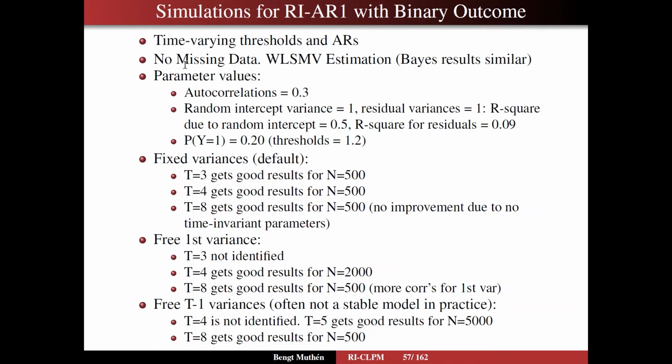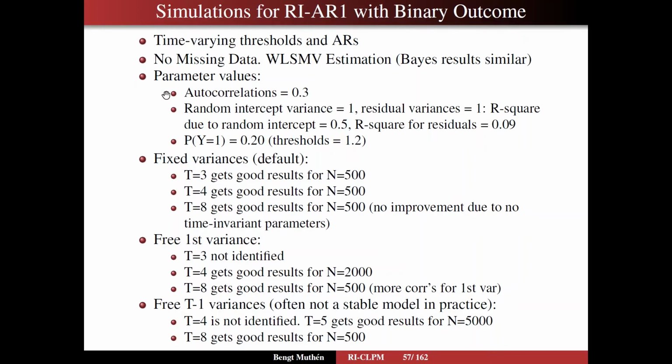No missing data, so therefore WSMV is not handicapped by not handling MAR missingness. Bayes results are quite similar to WSMV, but Bayes has somewhat smaller standard errors, typically, which is advantageous.